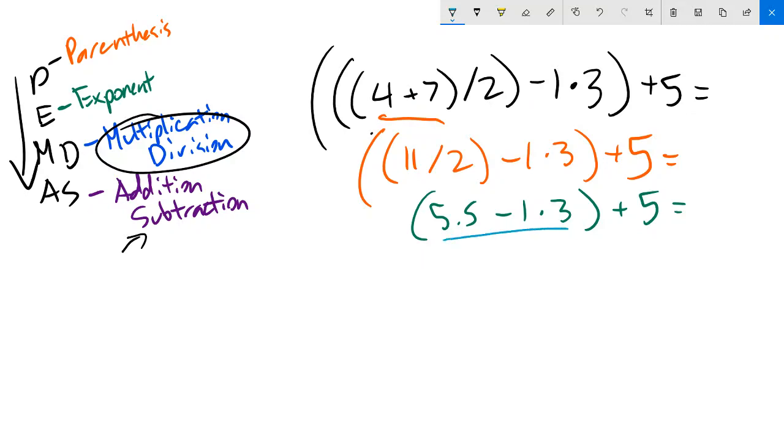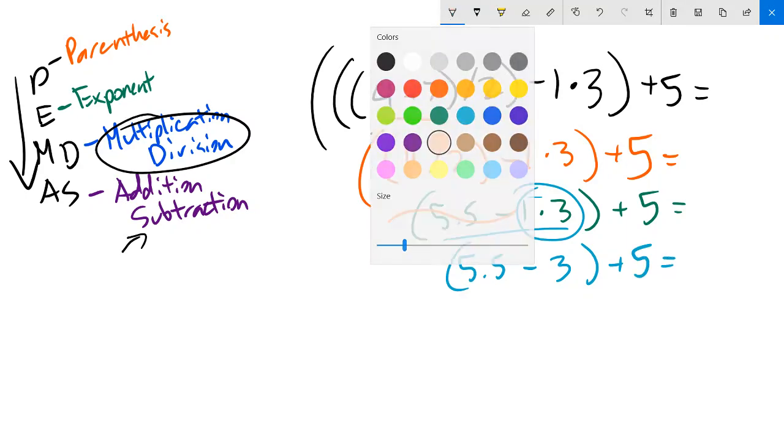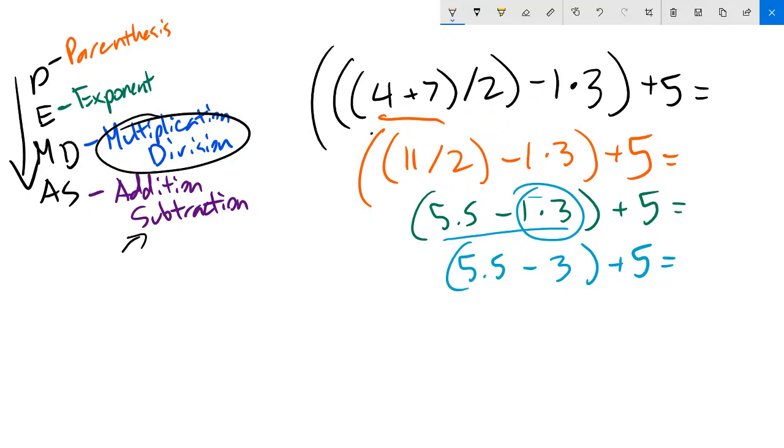But now I have multiplication that's occurring that I need to resolve first before the subtraction. So this would be 5.5 minus 3 plus 5. And finally, I resolve the last parentheses. That'll give me 2.5 plus 5, and that gives me a final answer of 7.5.